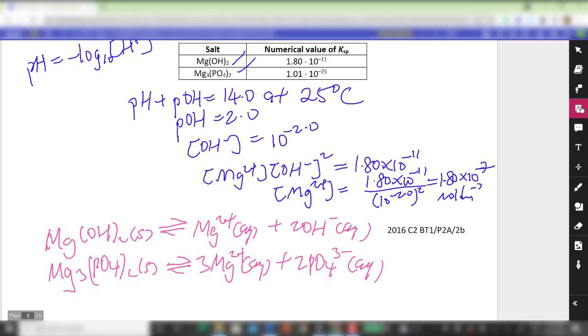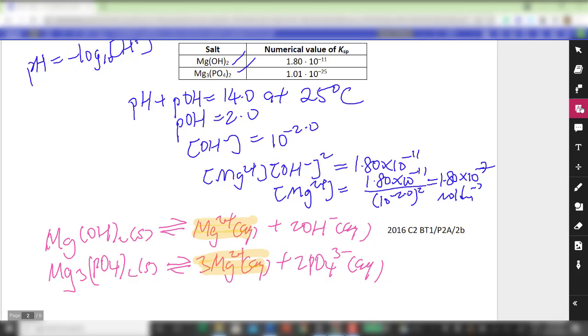So for a system at equilibrium containing two salts, in this case magnesium hydroxide and magnesium phosphate, the amount of Mg2+ at equilibrium must satisfy both. It cannot be the case where one equilibrium has one concentration of Mg2+ and the other equilibrium has another concentration. This is totally nonsensical. So the 1.80 times 10 to the power of minus 7 must satisfy both equilibria.